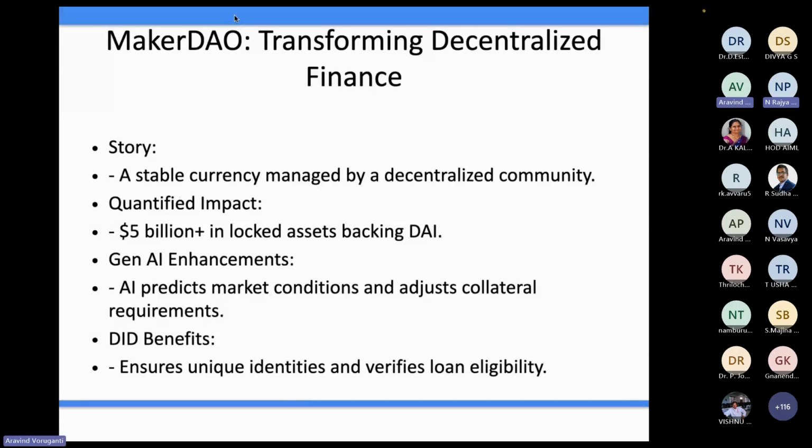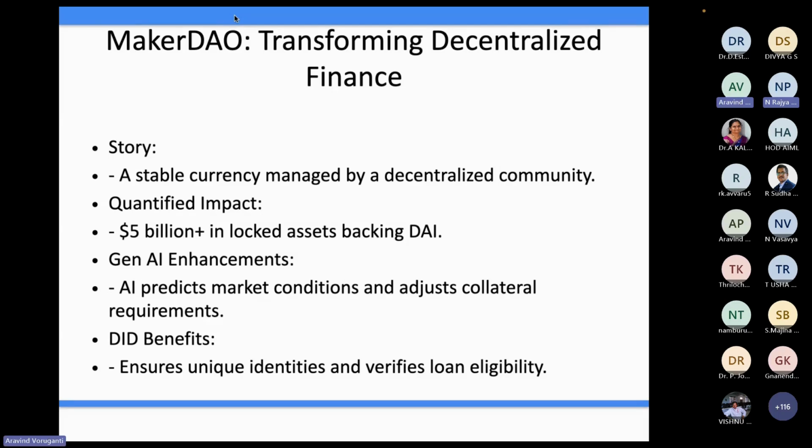And now if the power of AI gets added, what can it add? One, of course, Gen AI can look at the trading volumes across the exchanges where DAI is being used as a stable coin, predict the market conditions, and adjust the collateral requirements.